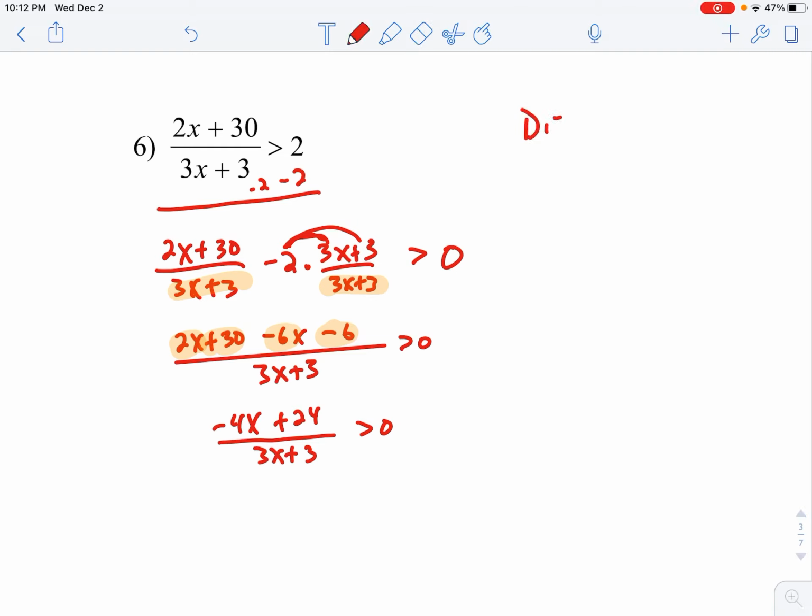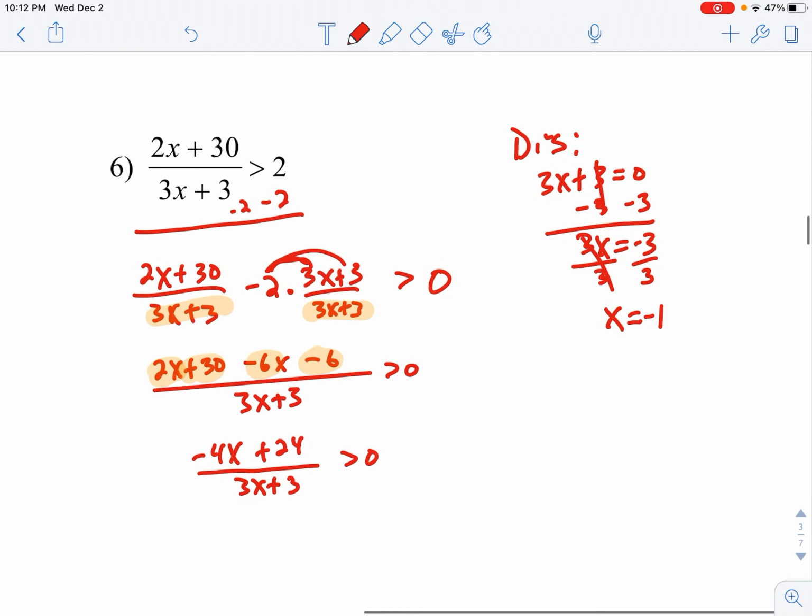We got the discontinuity. Discontinuity is where you set the denominator equal to 0 and solve it. Divide by 3, x equals negative 1. So there's my discontinuity. To find the 0 or zeros, set the top equal to 0.